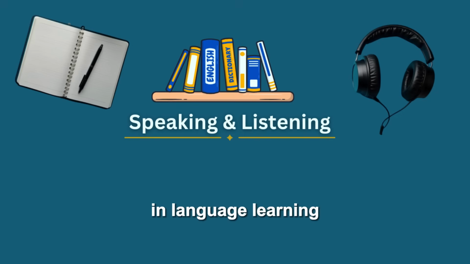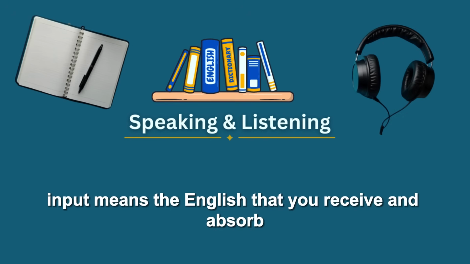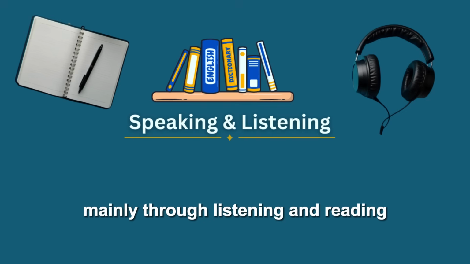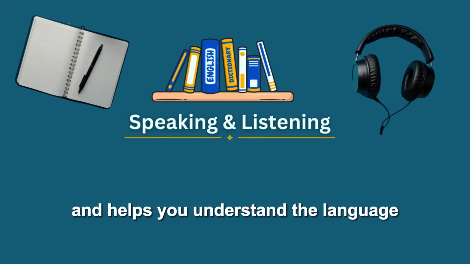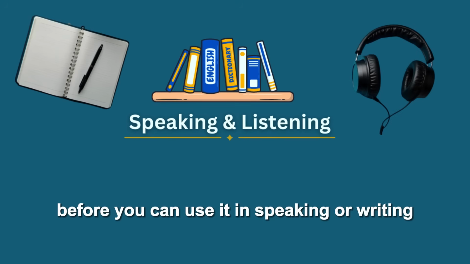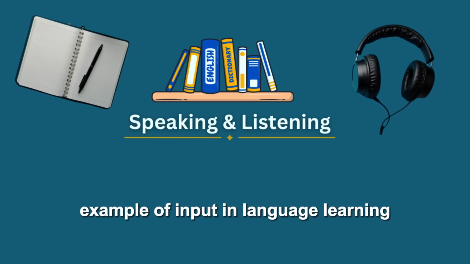In language learning, input means the English that you receive and absorb, mainly through listening and reading. It is the information that enters your brain and helps you understand the language before you can use it in speaking or writing.